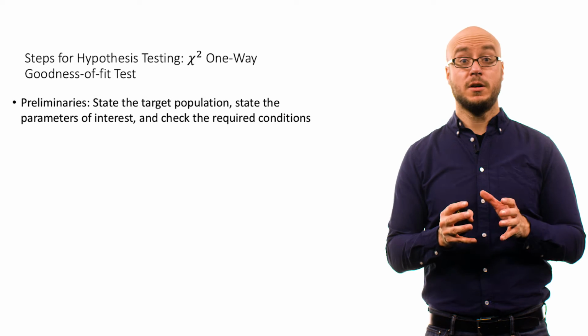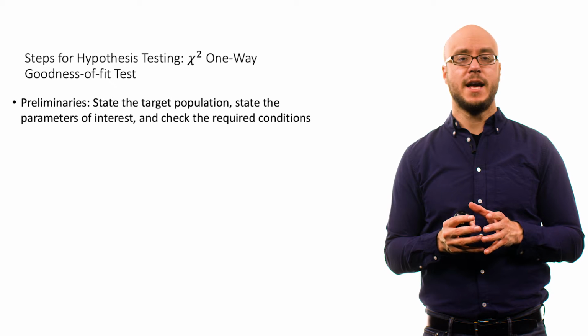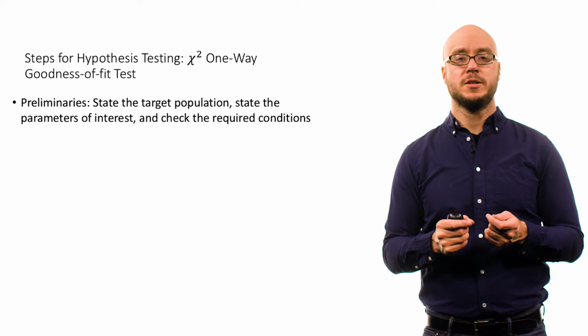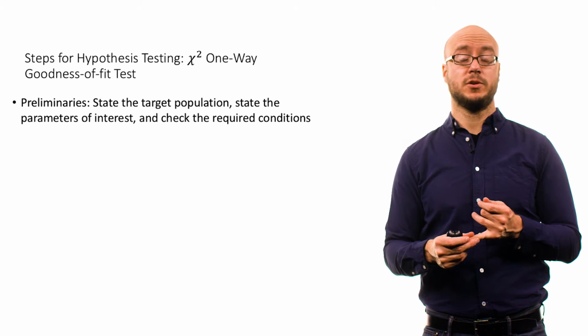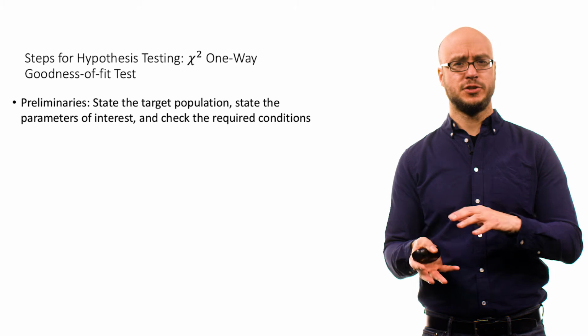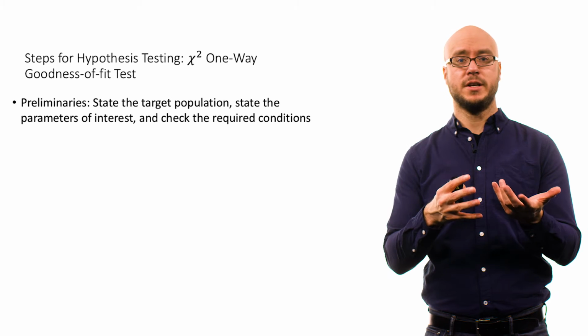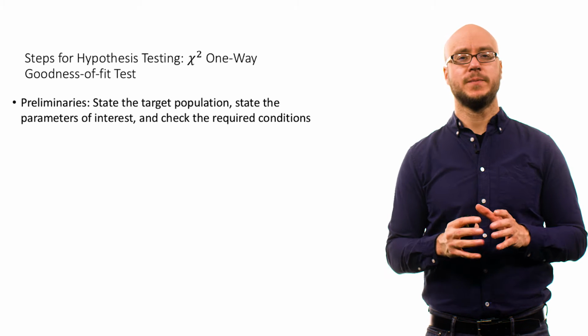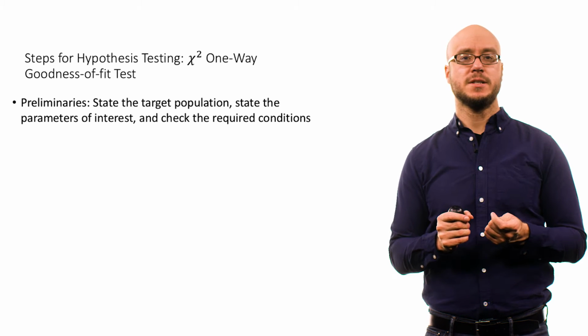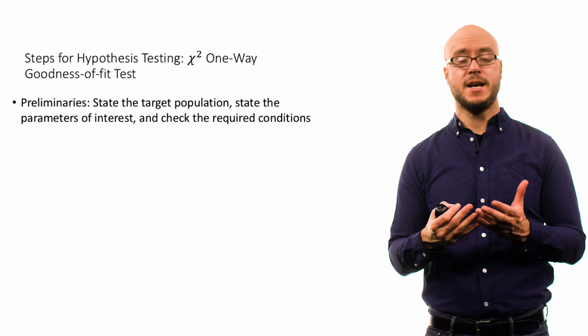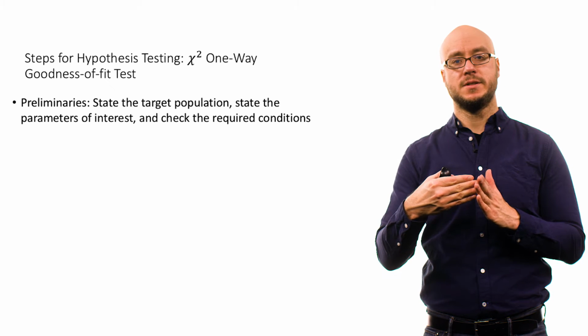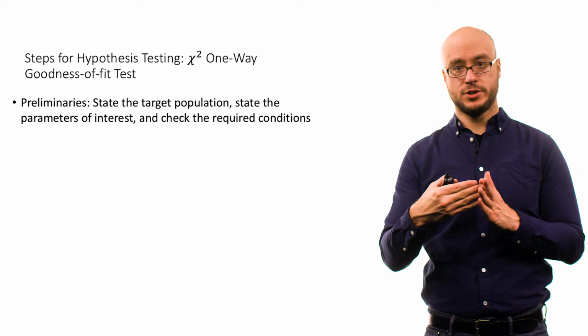So before we start the chi-square one-way goodness of fit test, we have a few preliminaries. You should first state the target population, as always. Are you trying to make an inference about students living in Hong Kong, adults in London? What's your target population? Then you should state the parameters of interest. In the chi-square one-way goodness of fit test, we're trying to make inferences about population proportions.